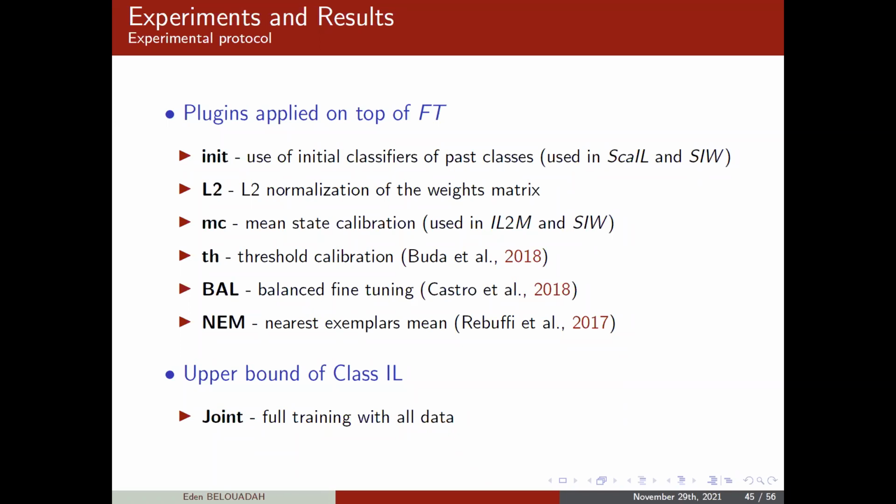BAL is an extra step after fine-tuning in which we reduce the number of images for new classes to have the same number of images as for the past classes. NAM is the nearest exemplars mean from iCaRL. We also compare with the upper bound method in which all the data of all the classes is available at once.